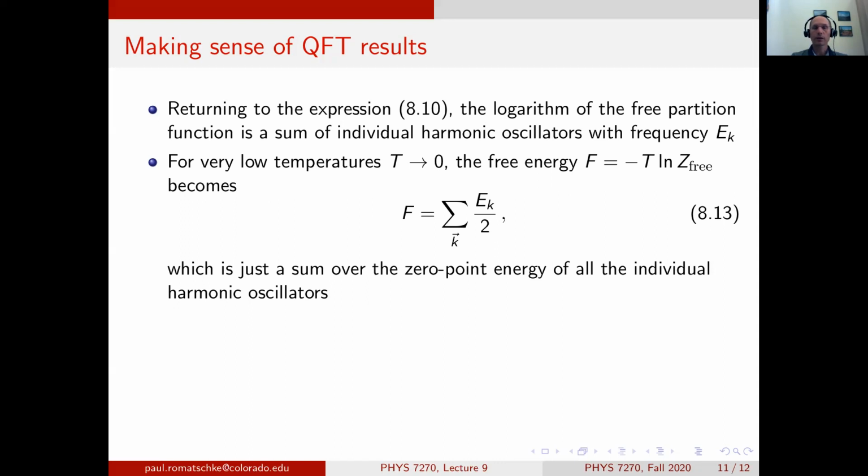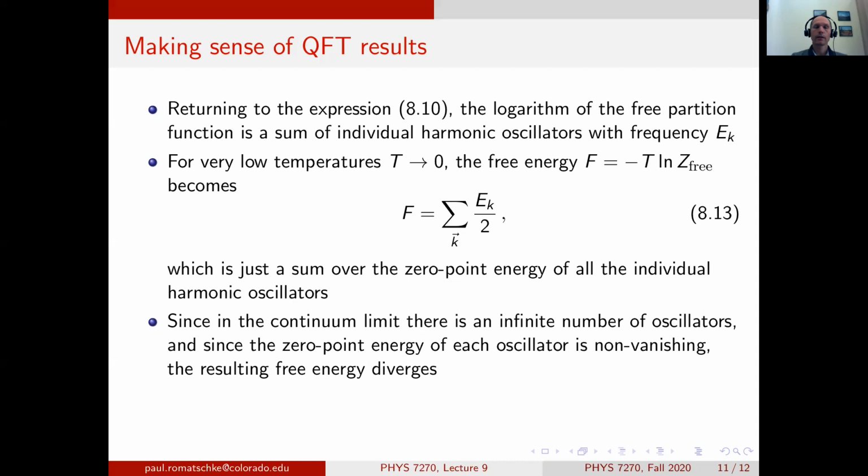It is nothing else but a sum over the zero-point energy of all the individual oscillators, where each oscillator is one entry of wave vector k, and we are summing over the zero-point energies of all of them. Because in the continuum limit there's an infinite number of wave vectors that contribute, and we are summing the finite zero-point energy of all of these oscillators, the result for the free energy that we get is divergent.